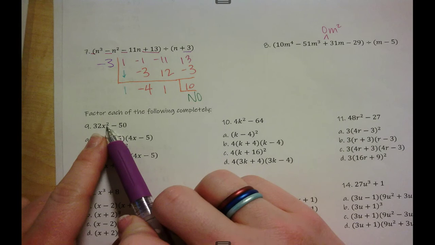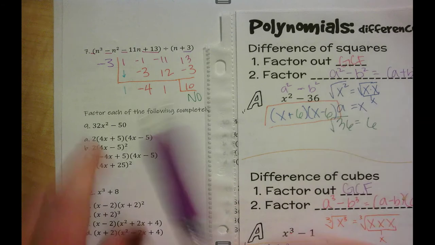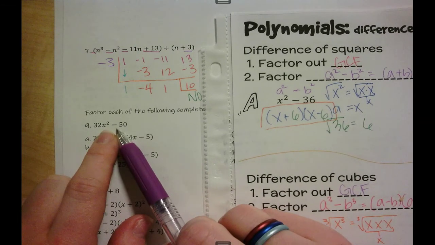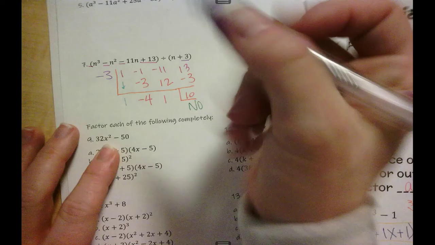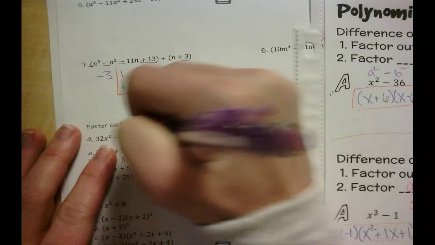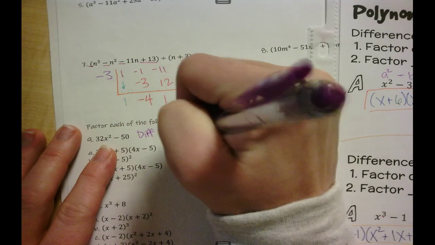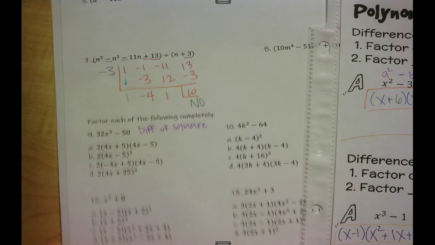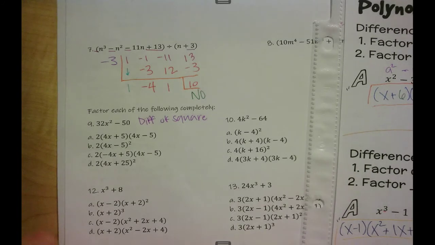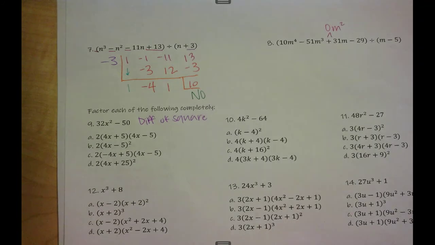That's a square. Well, we've got one that talks about squares, difference of squares. So is that sign a minus sign? It is. So then we're talking about difference of squares. Okay, now I'm going to go to my answer choices.